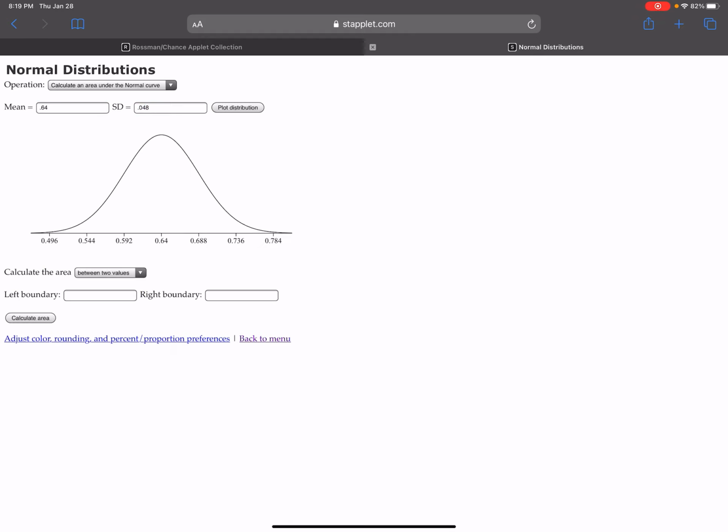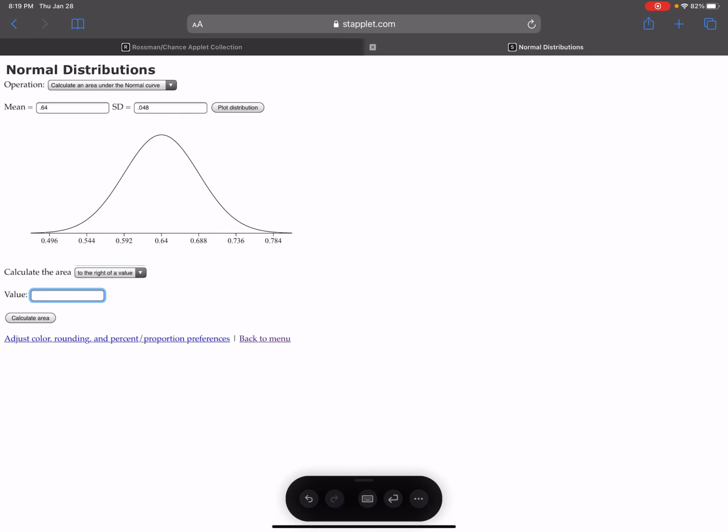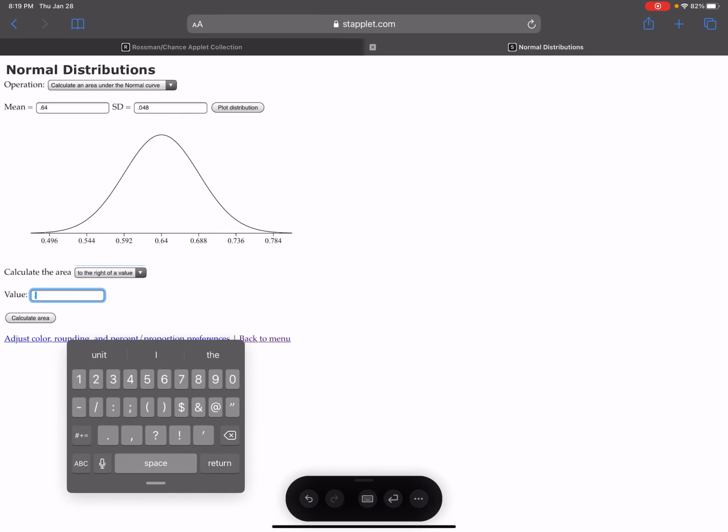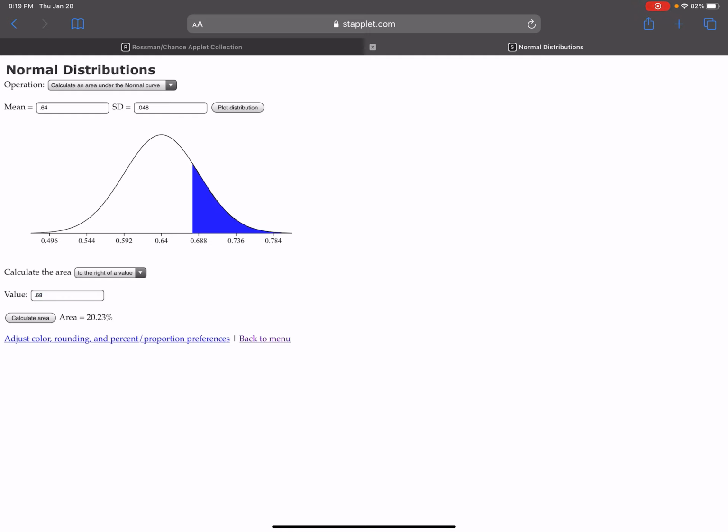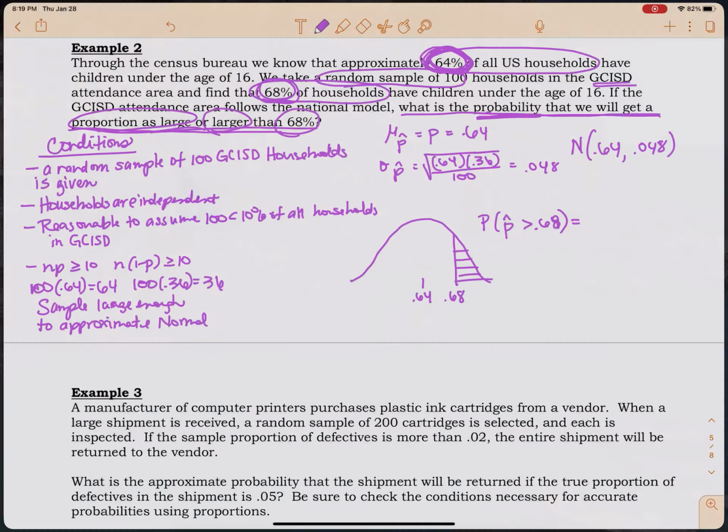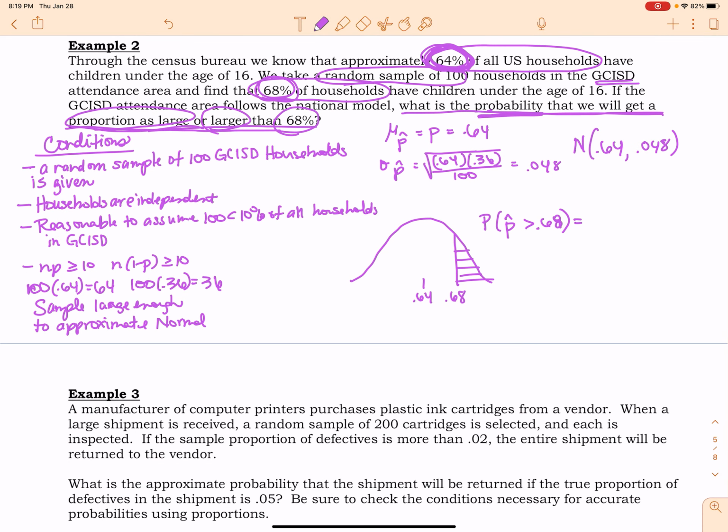Plot the distribution. I want shading to the right of 0.68. And it is 20.23%. Neato speedo. So 0.2023, or 20.23%.